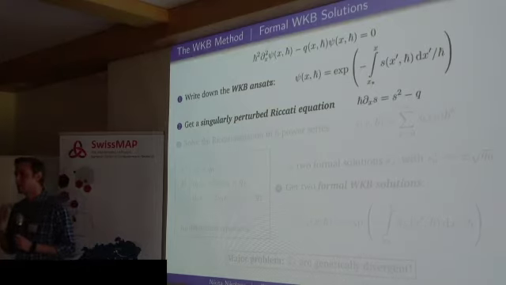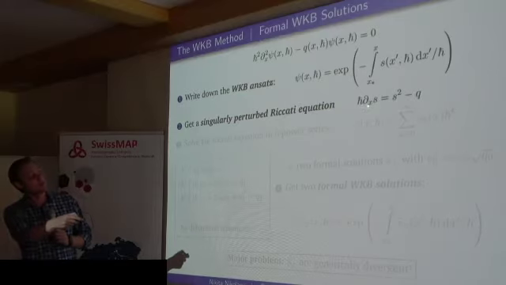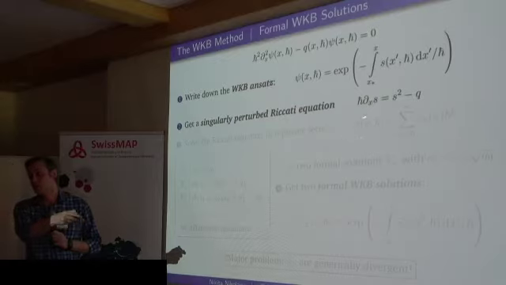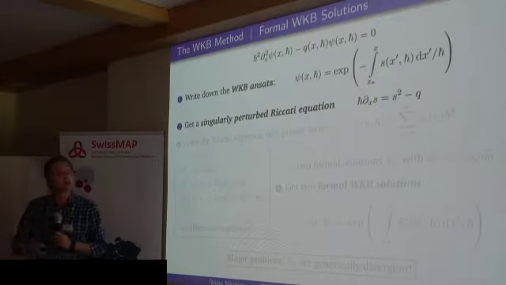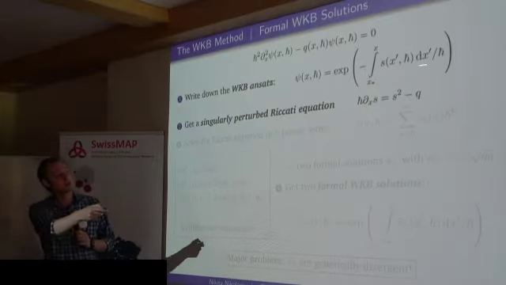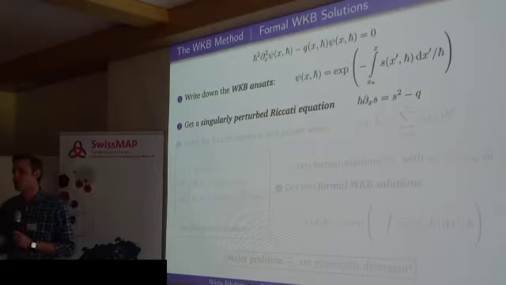It's the simplest nonlinear first order differential equation, and it's also singularly perturbed because the differentiation side of the equation is multiplied by my parameter h bar. So if I set h bar equal to 0, then this degenerate easy problem is no longer a differential equation. It's literally an algebraic equation for S.